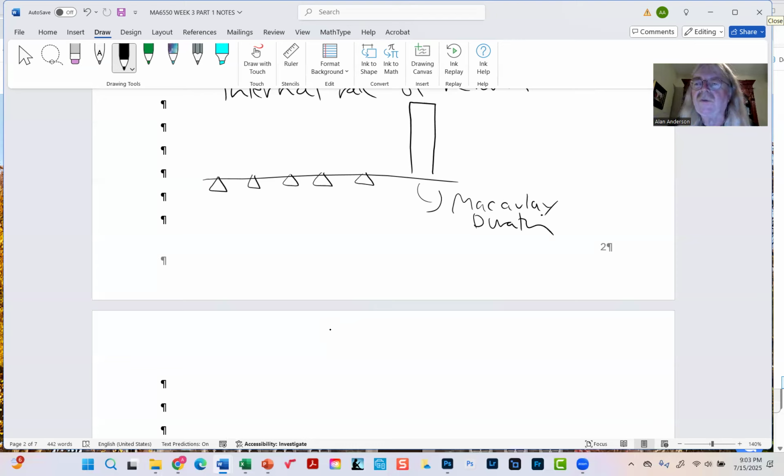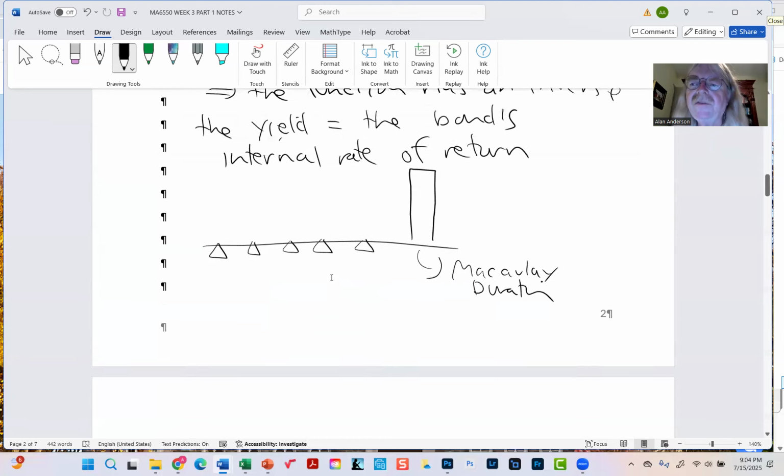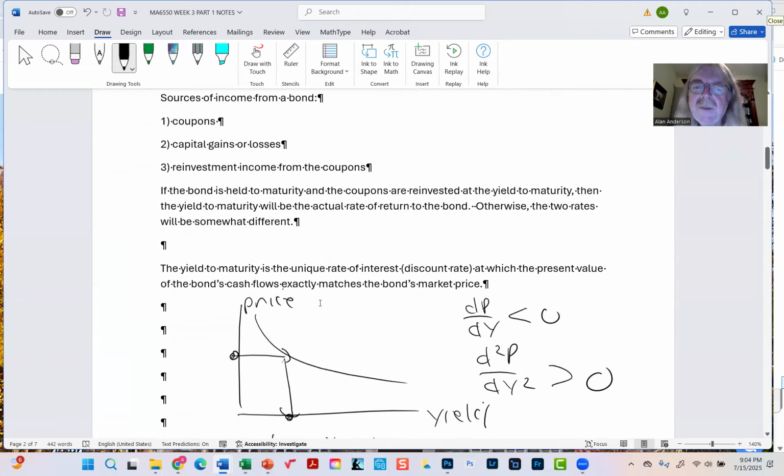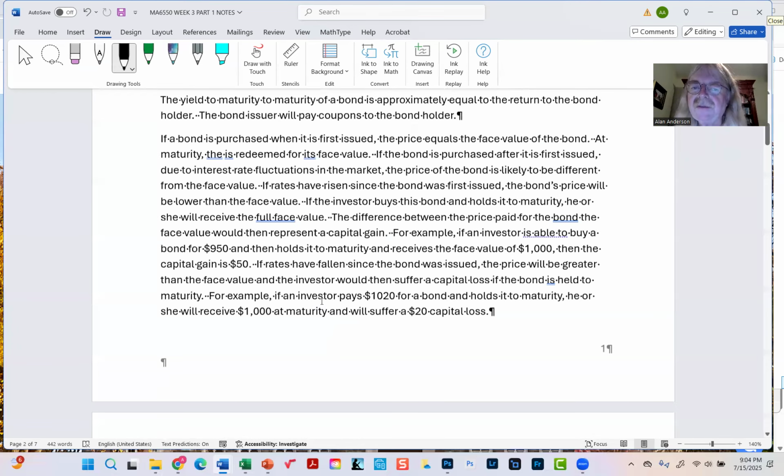And again, this is one reason why you would never see a bond portfolio manager on Wall Street using Macaulay duration. Instead, he would be leaning on modified duration because modified duration is just a derivative. That's literally all that it is. Okay. So that's the beauty of it. It's very easy to make sense out of it. This one, but it's a starting point. It's a good starting point.